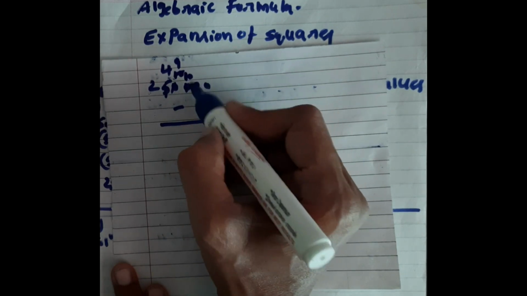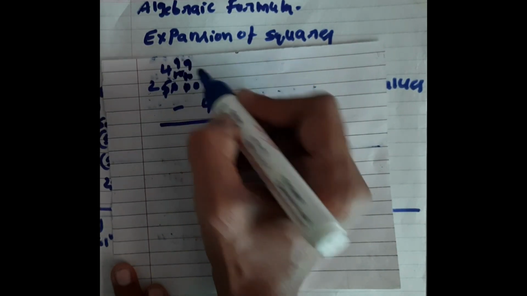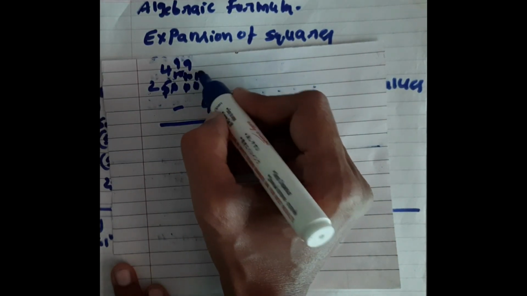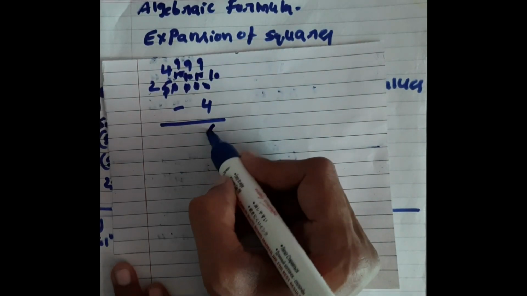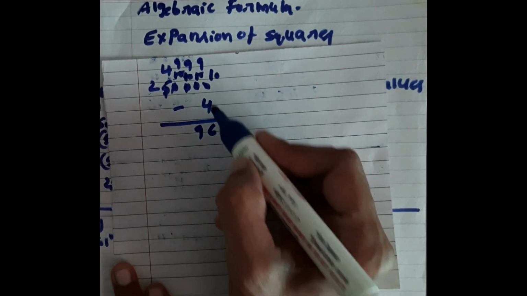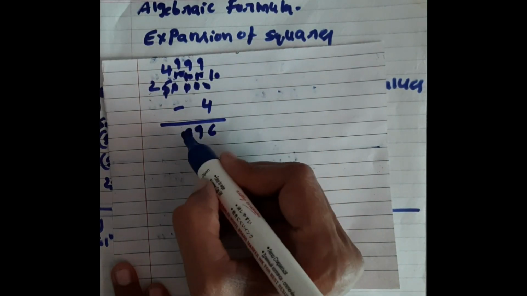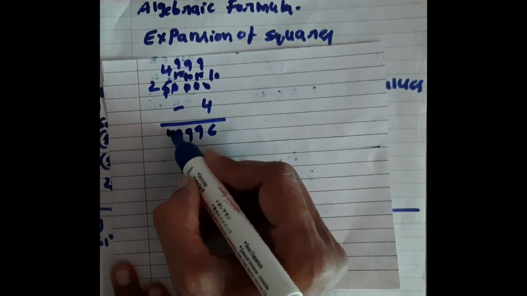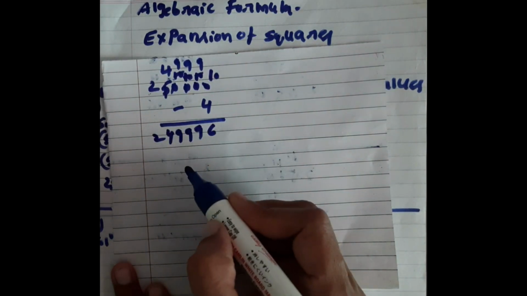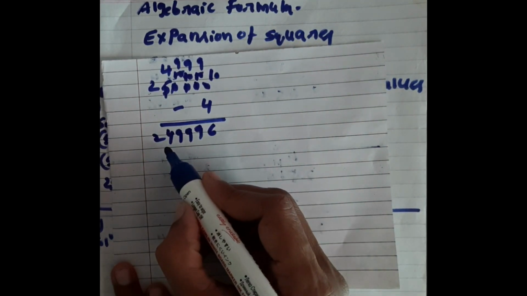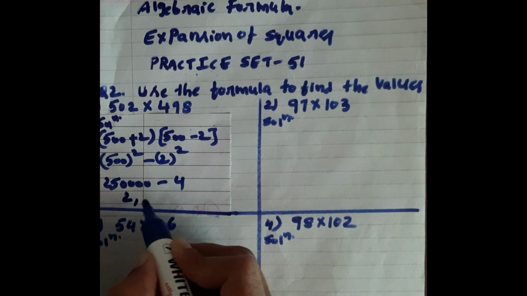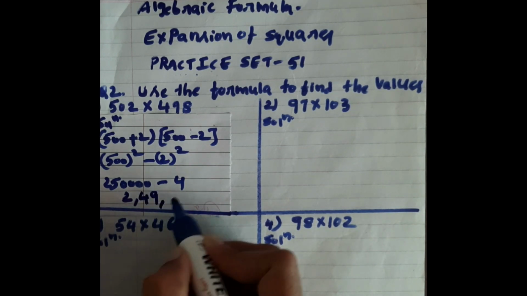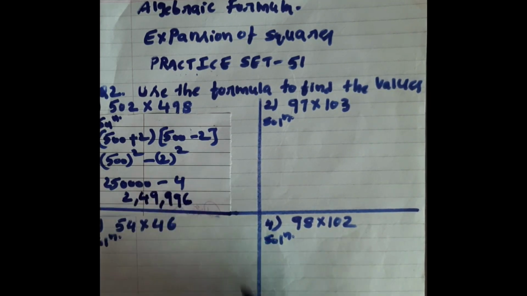It becomes 10. 1 again we are giving here, so again it becomes 9. 1 we are giving here, so it becomes 9, and this 10. 10 minus 4, 6. 9 is there, no number is there down, so 9 only. 4 is there, 4, 2 is there, 2. So we got the answer: 2,49,996.